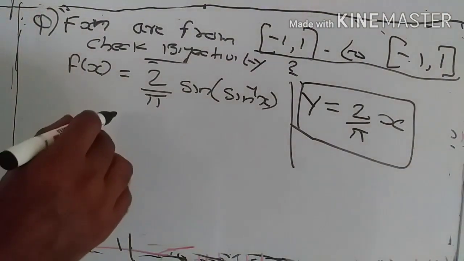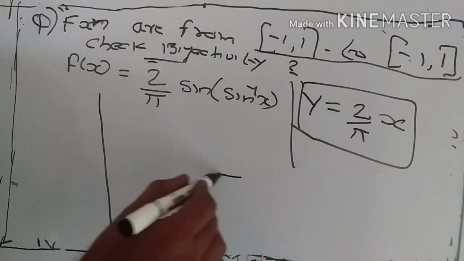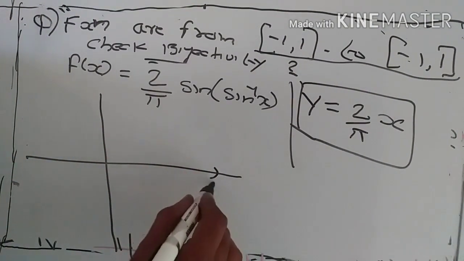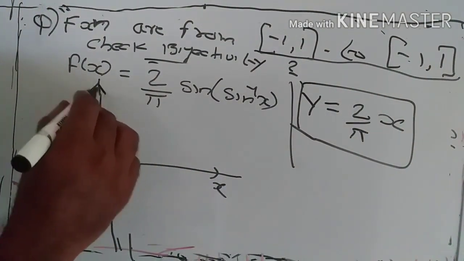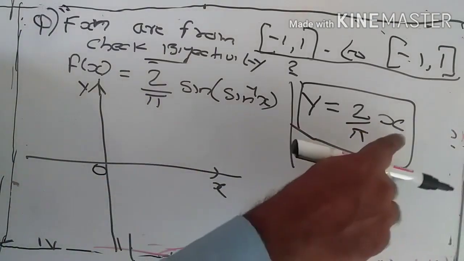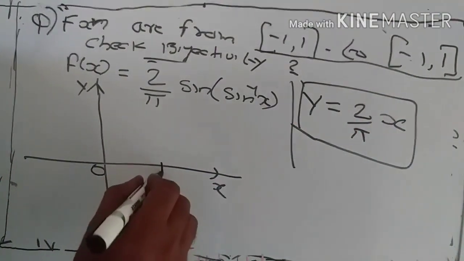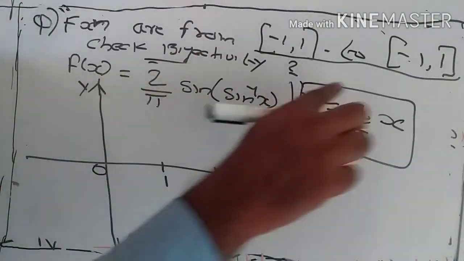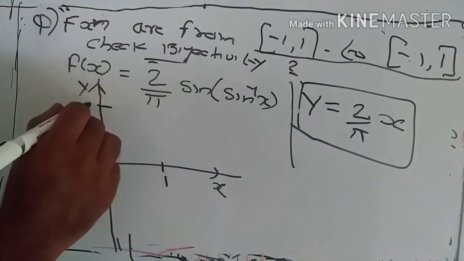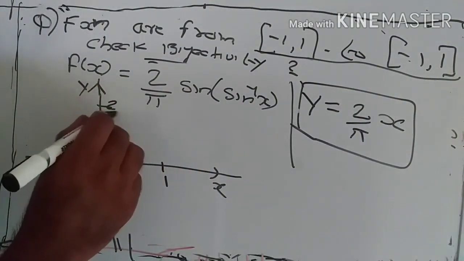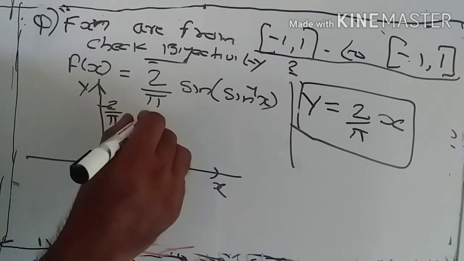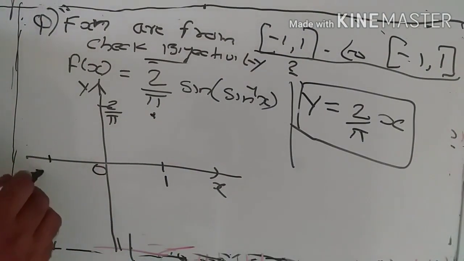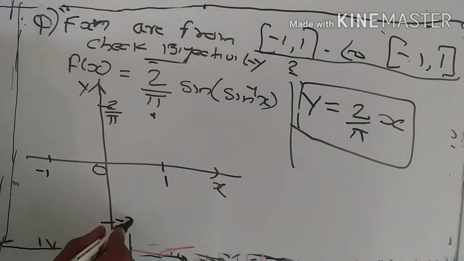Now draw the graph. When x is equal to 1, y is equal to 2 by pi. When x is equal to minus 1, y becomes minus 2 by pi.